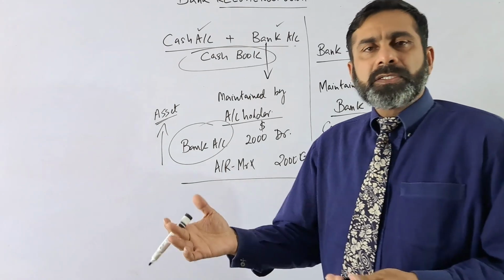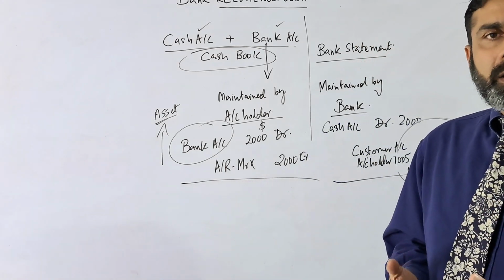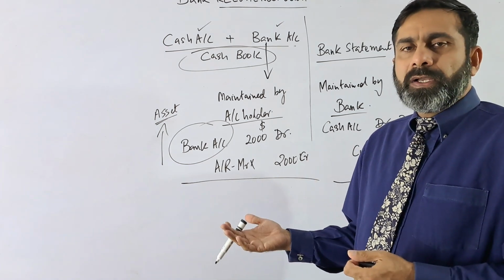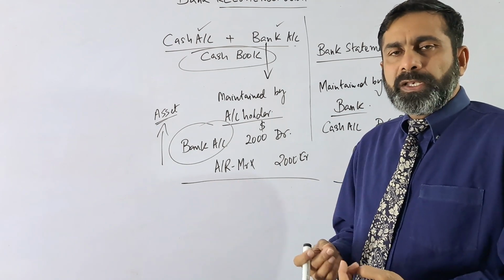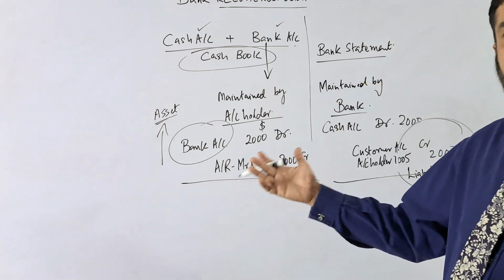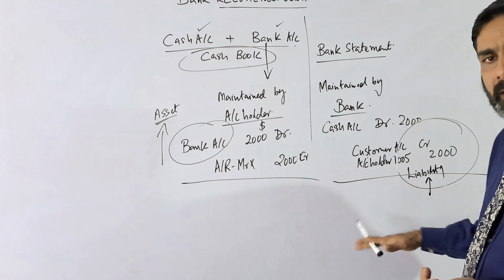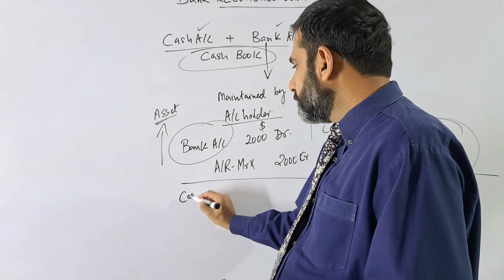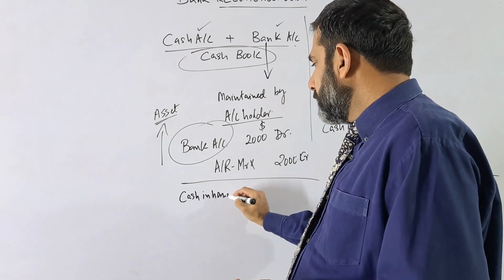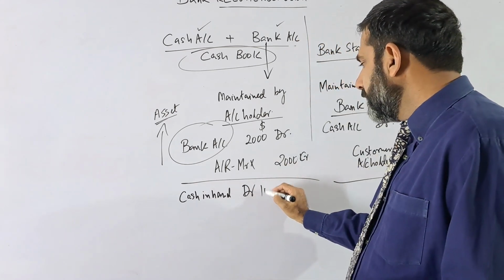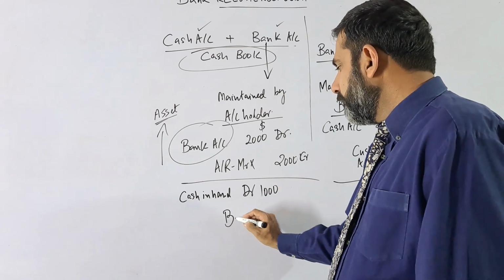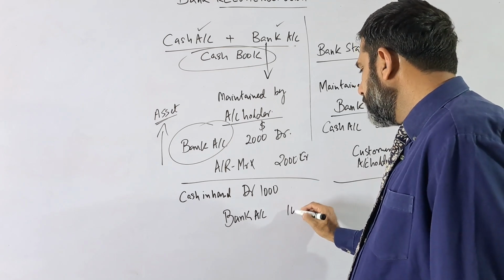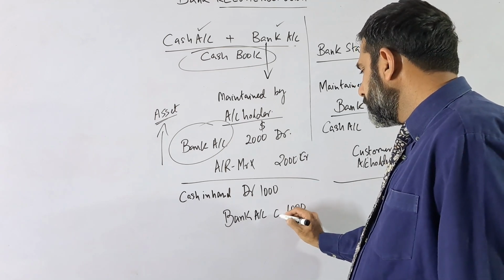In the same way, for example, you are withdrawing money from the bank. You are making a payment to someone, or you have issued a check, or you have withdrawn money for any purpose. Your bank account will be credited, but the bank will debit it. Let's record that transaction too. The cash in hand account is debited, let's say 1,000, and you are withdrawing the money from the bank, so the bank account will be credited by 1,000.